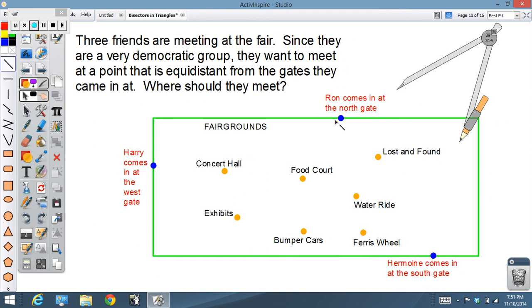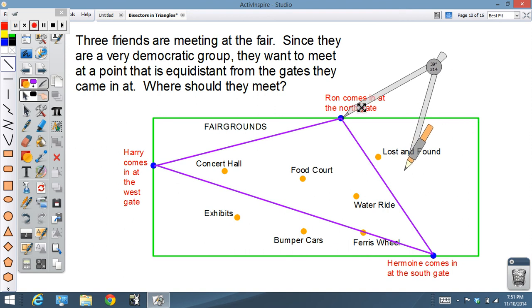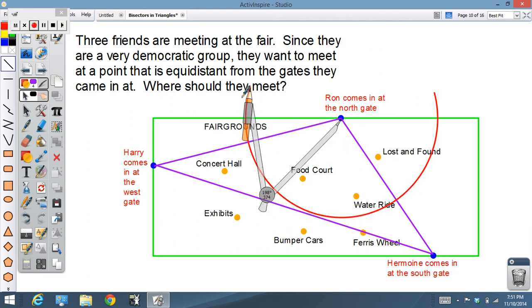And see how quickly I can do this. Okay, using our theory that if we make a circumcenter, then we will be able to find the point that's equally distant from the three corners of a triangle. Well, here are our three corners of a triangle. Let us go ahead and make some arcs. Let's see if I do this good enough.